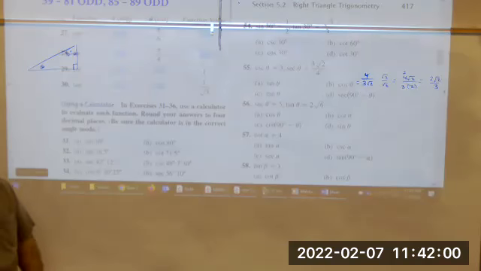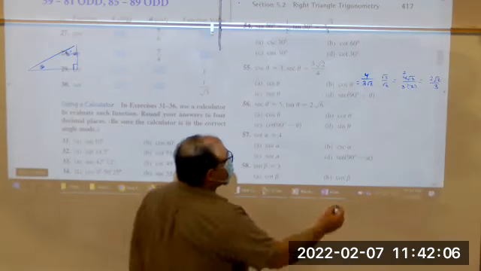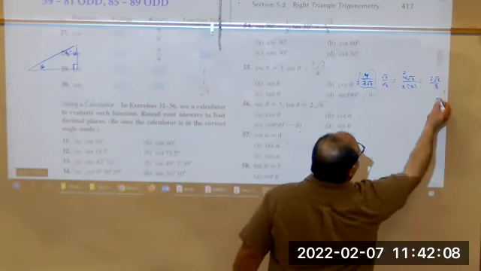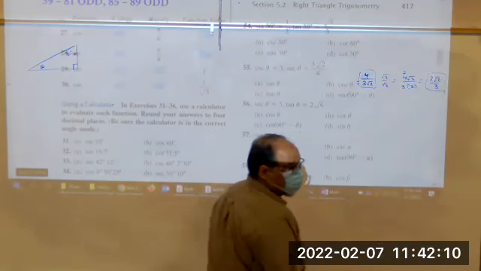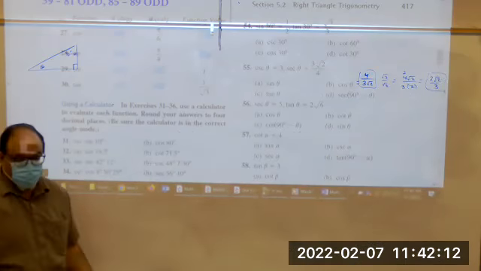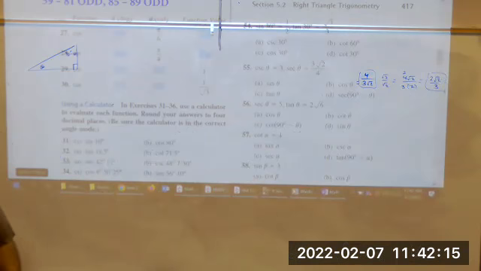But again, I don't expect you to rationalize it, so you can stop right at this. But when you look in the back of the book, it's going to look like that. You're going to go, what did I do wrong? Well, he didn't do anything wrong. Tangent, you can just put sine over cosine.